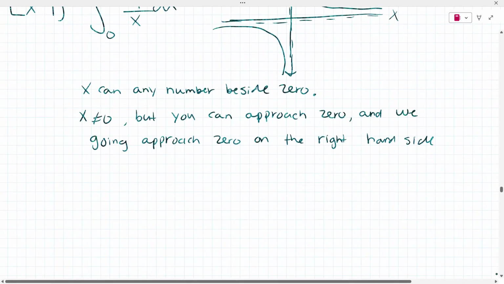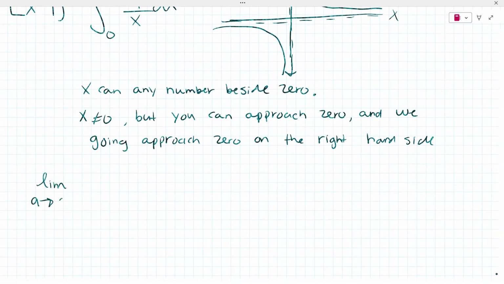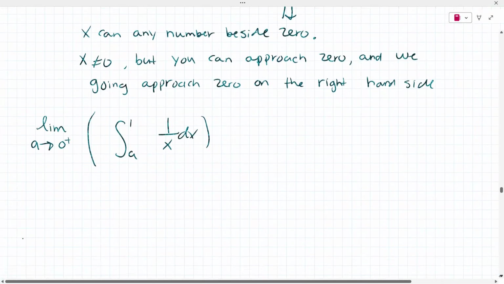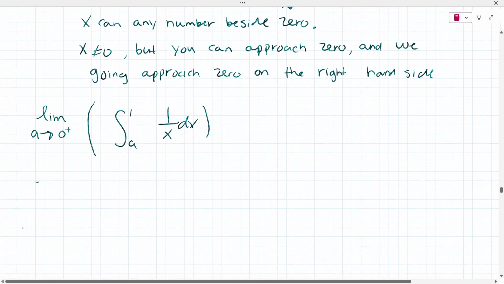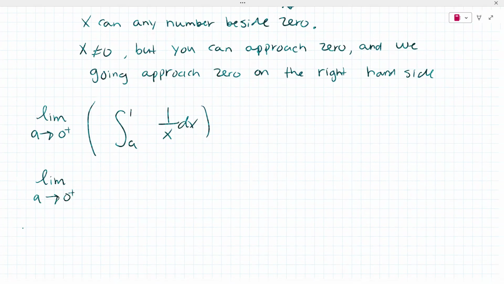So we can rewrite this as the limit as a approaches 0 to the right from the integral of 1 over x dx. And then we could say the limit as a approaches 0 to the right of ln of the absolute value of x from a to 1.